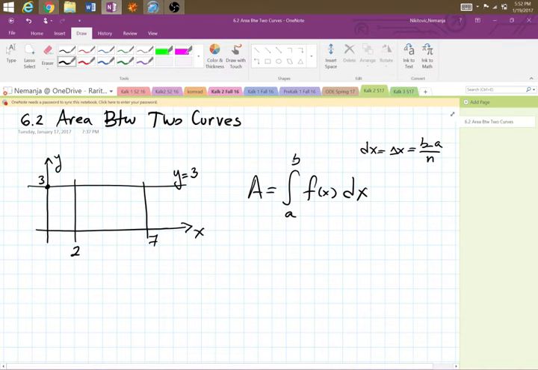So these limits a and b along with dx are providing the width, and the function, y equals f of x, is providing the height. Width times the height is the area of the rectangle.